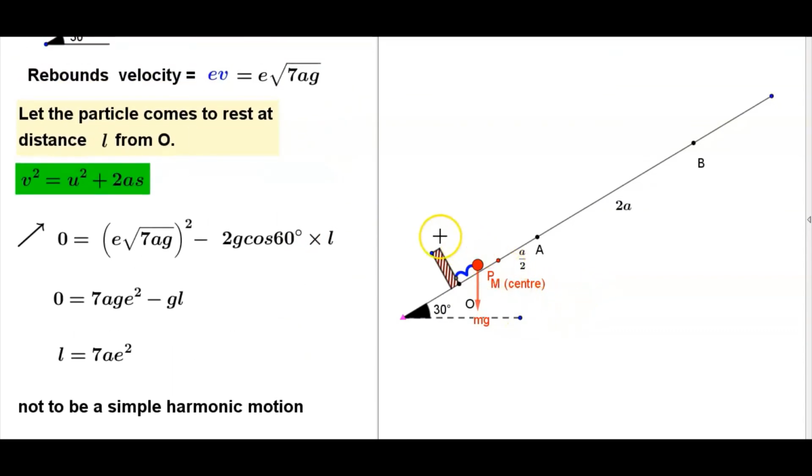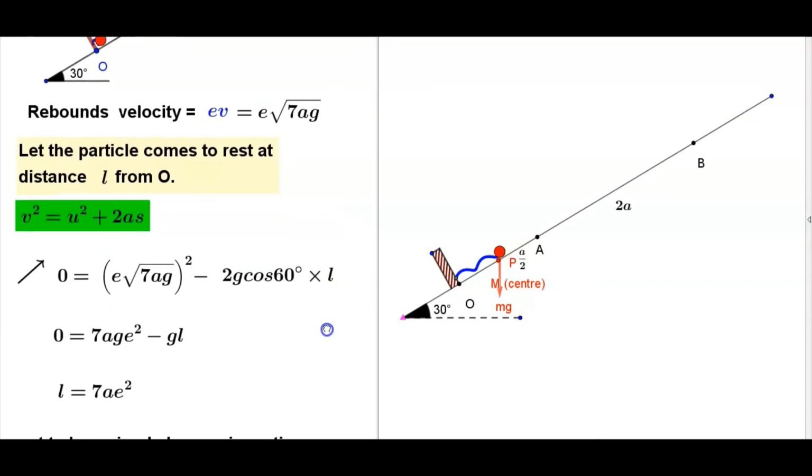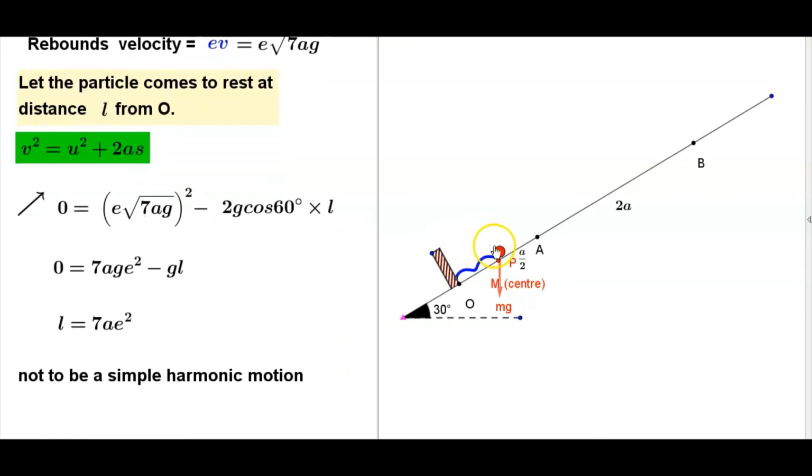If the resting distance, where the particle comes to rest, is less than the distance A, the string will never get taut. Therefore, simple harmonic motion is not possible. If the string gets taut, then simple harmonic motion is possible.